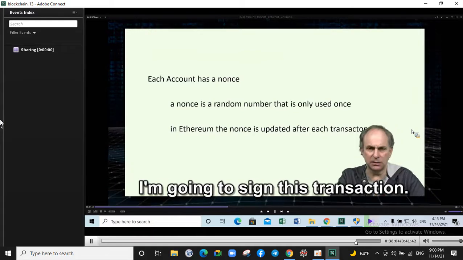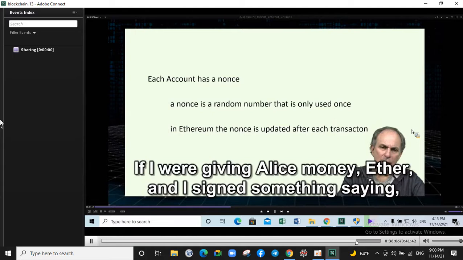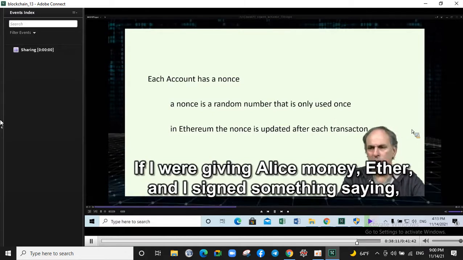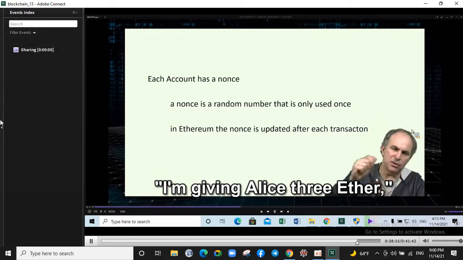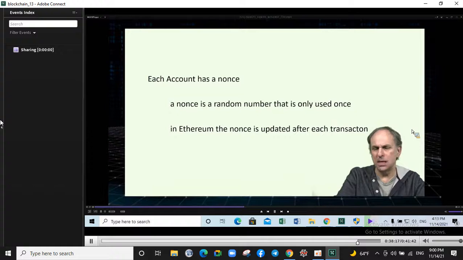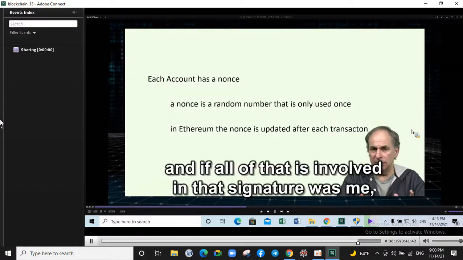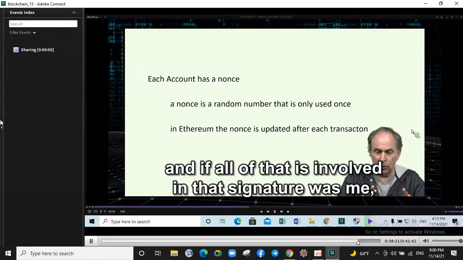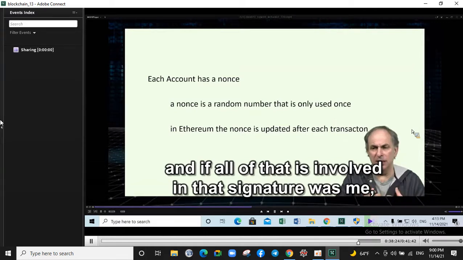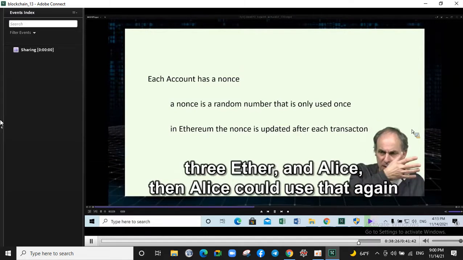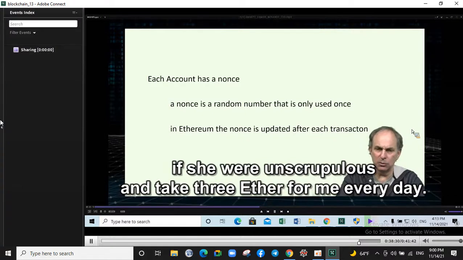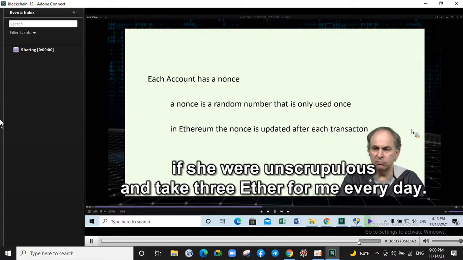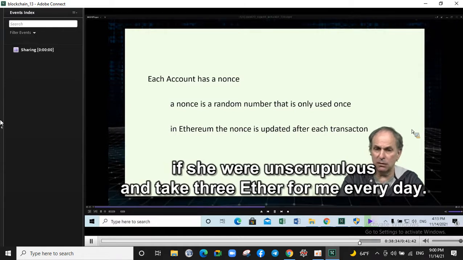So if I were giving Alice money, Ether, and I signed something saying I'm giving Alice 3 Ether, and if all that was involved in that signature was me, 3 Ether, and Alice, then Alice could use that again if she weren't scrupulous and take 3 Ether from me every day.